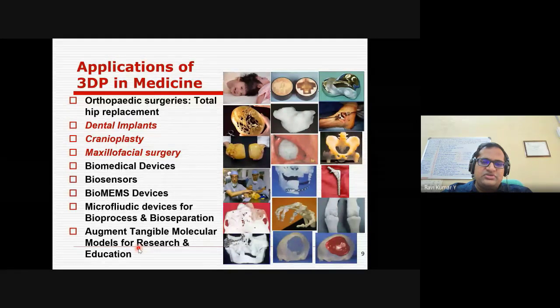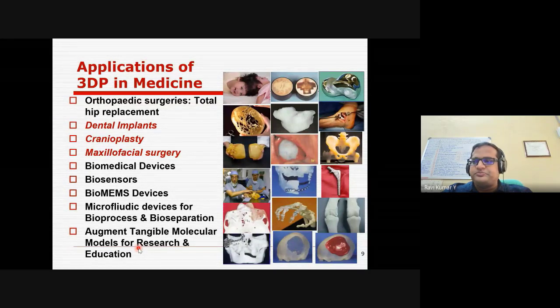What is the advantage of printing these models for this kind of study or research and education? You need not worry about preserving them. Conventionally they preserve cadaver bones or dry bones in liquid, and maintenance is very tough. But here you can very well print them and make use of these models for those purposes.